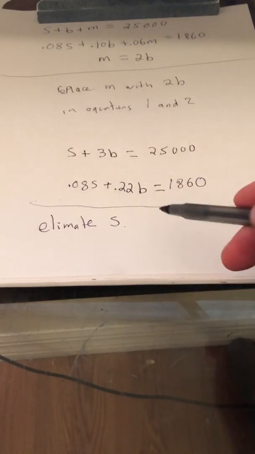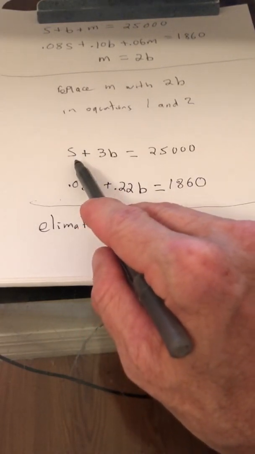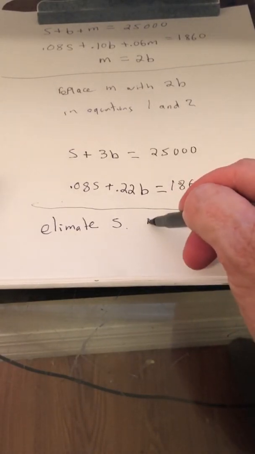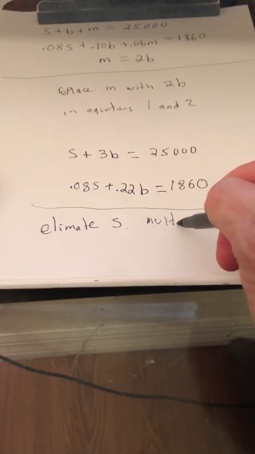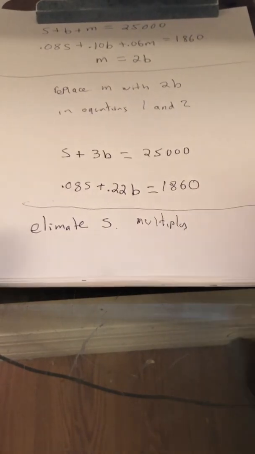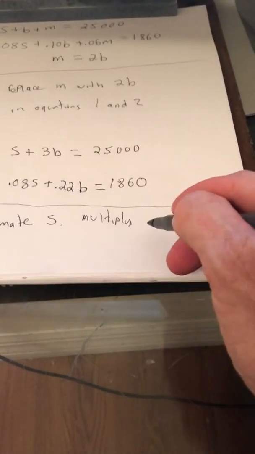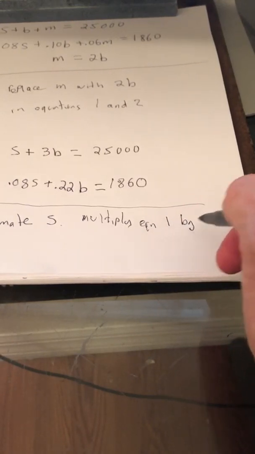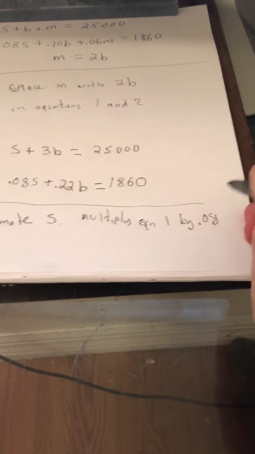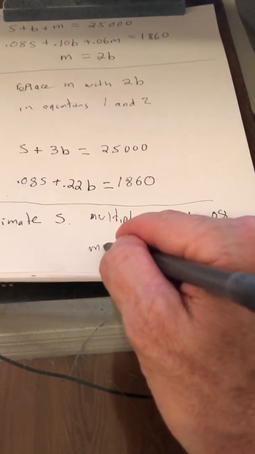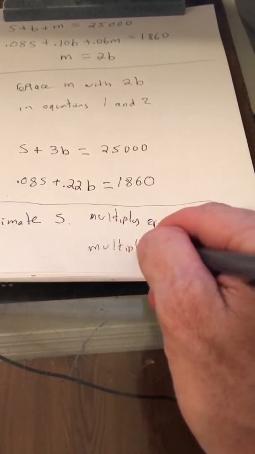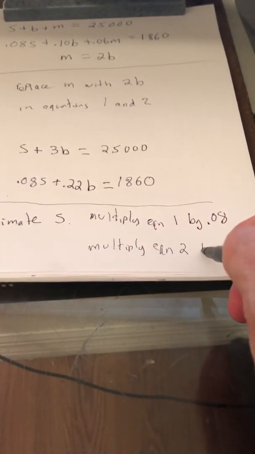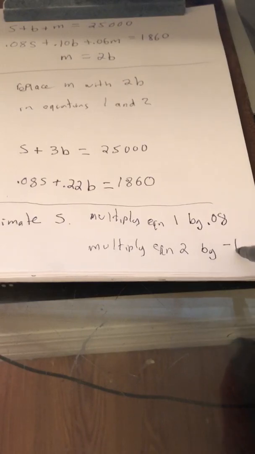We want the coefficients of S to be opposites of one another. So why don't we multiply equation 1 by 0.08 and multiply equation 2 by -1.